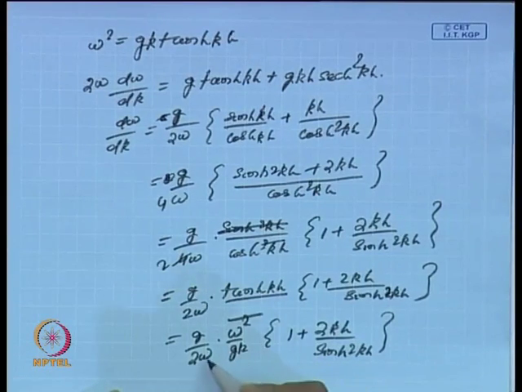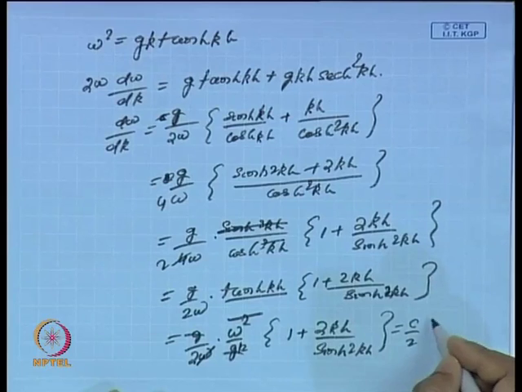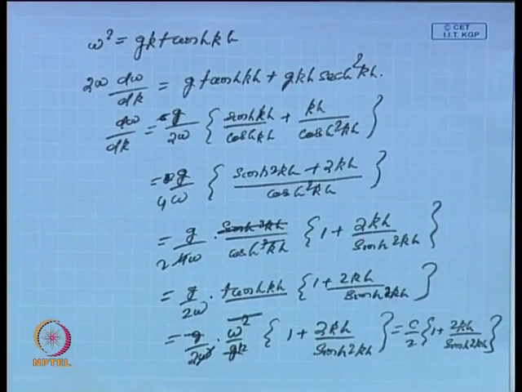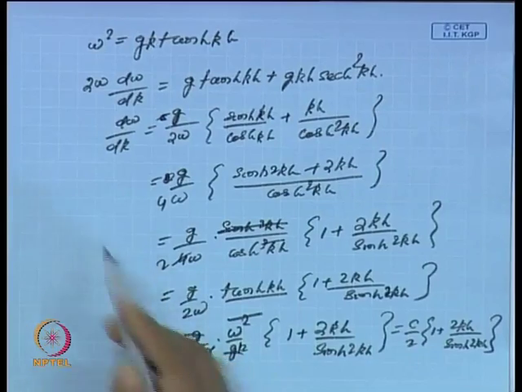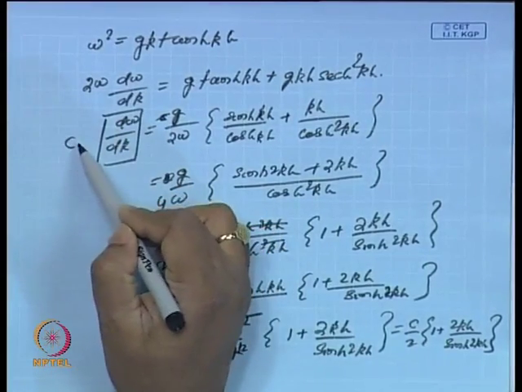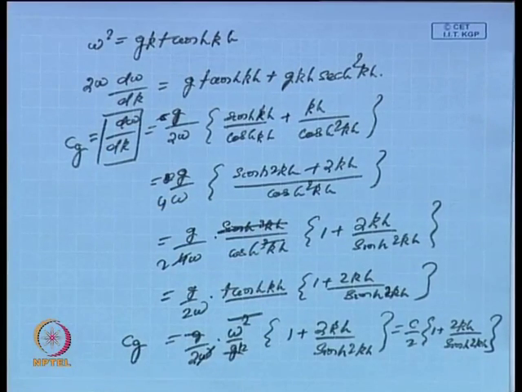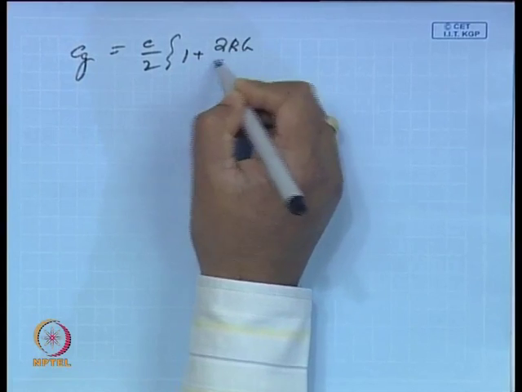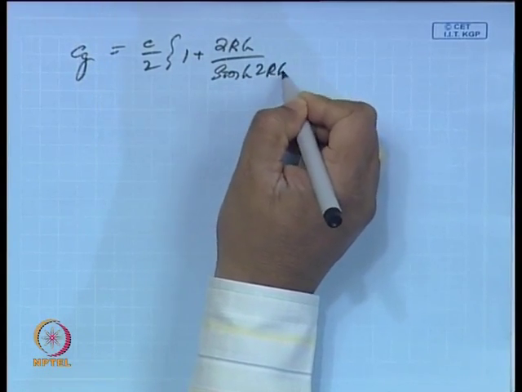This omega will get cancelled with omega, g gets cancelled, that will give me c by 2 into 1 plus 2 kh by sin hyperbolic 2 kh. So this is my Cg, and that is nothing but d omega by dk. So the group velocity Cg is nothing but c by 2, c is the phase velocity, into 1 plus 2 kh by sin hyperbolic 2 kh.